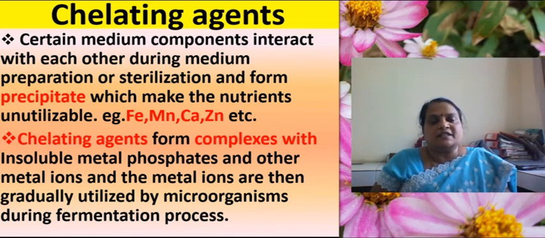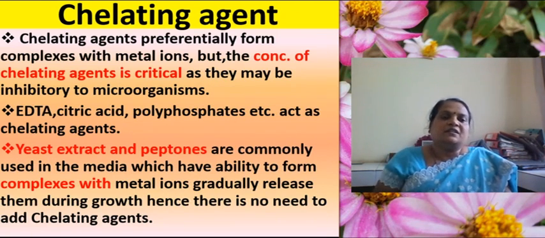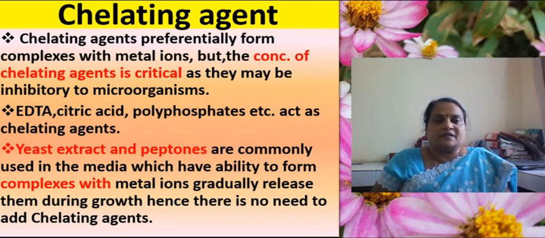Now how do chelating agents act? They form complexes with these precipitated insoluble metal phosphates and other metal ions, and these metal ions are gradually utilized by the microorganisms during the fermentation process. Chelating agents preferentially form complexes with metal ions, but the concentration of chelating agents is critical as they may be inhibitory to microorganisms.